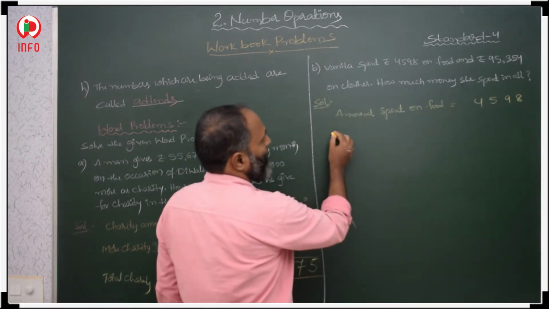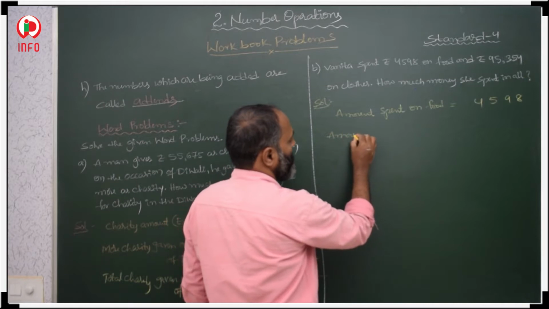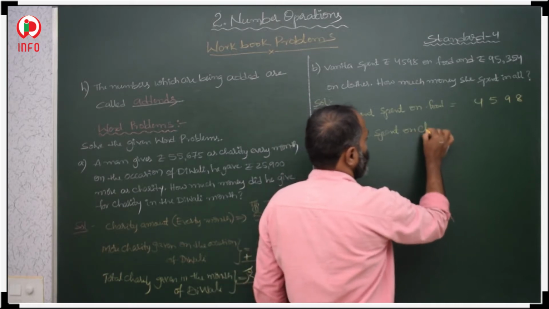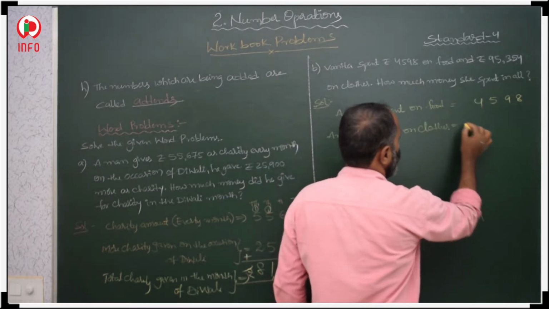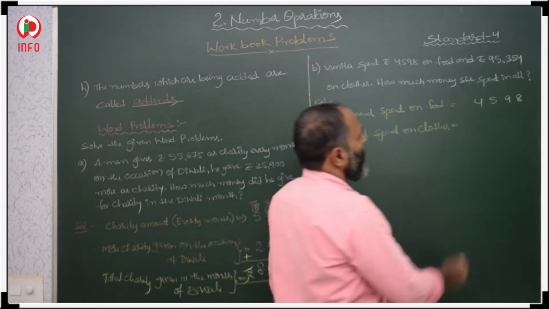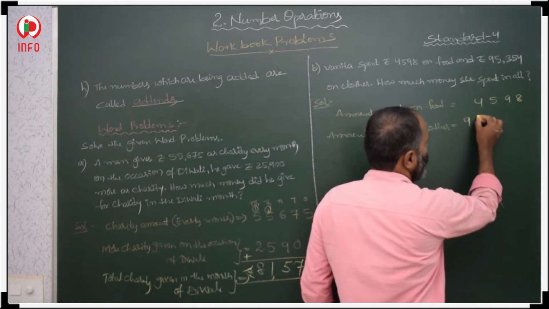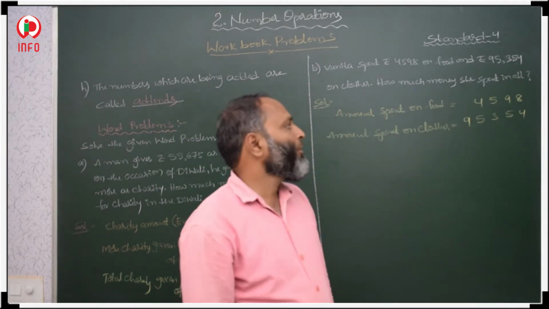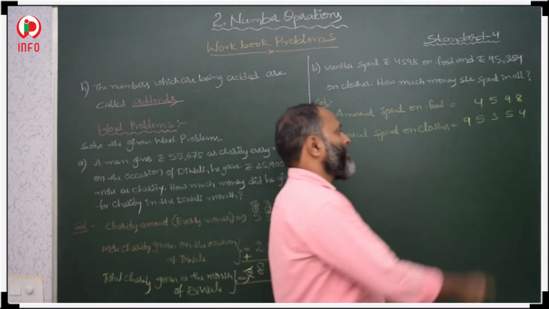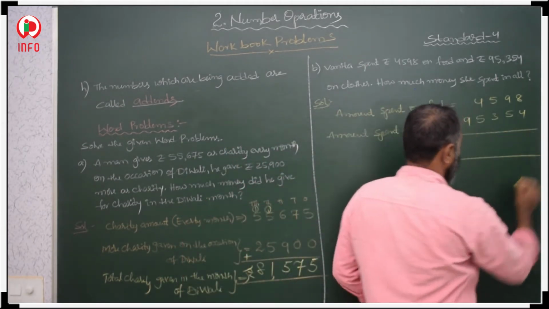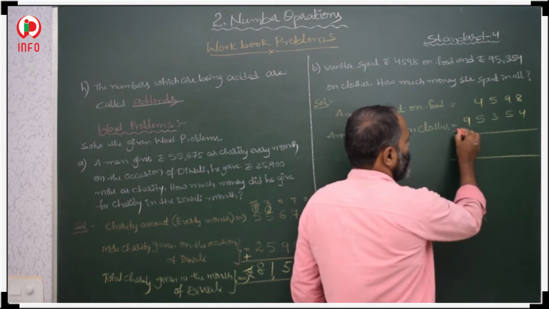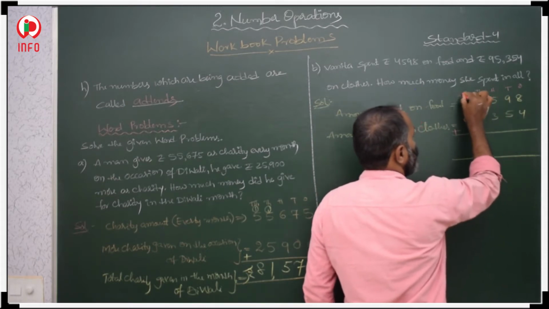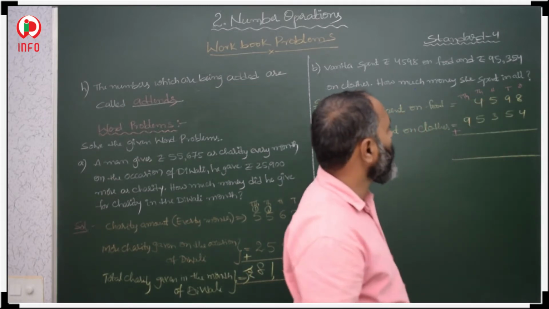Then the amount spent on clothes: how much? 95,354. Here we have 5 digits, whereas before it was only 4 digits, so we start from 10,000. Then add it. Ones, tens, hundreds, thousands, ten thousands.